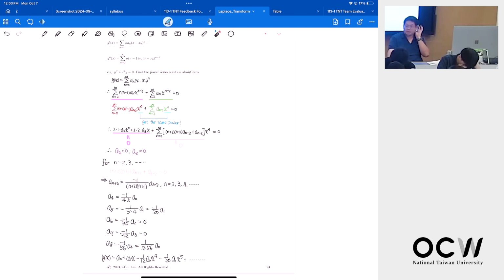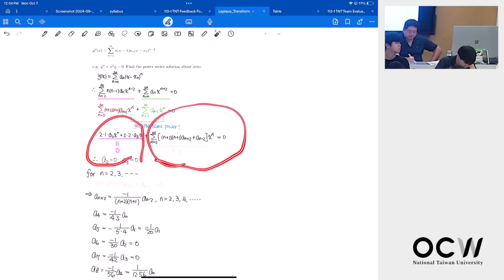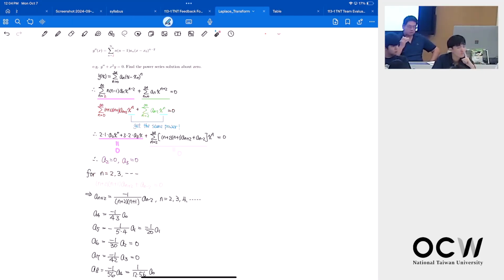Every time, later on next week, you'll see a lot of cases of how we deal with those terms, those powers. We try to make the same power, and since we try to find the same power, we will have an additional term. And how do we write the additional term correctly? And then also the recursive term for the coefficients. Those are the main entry. Okay.